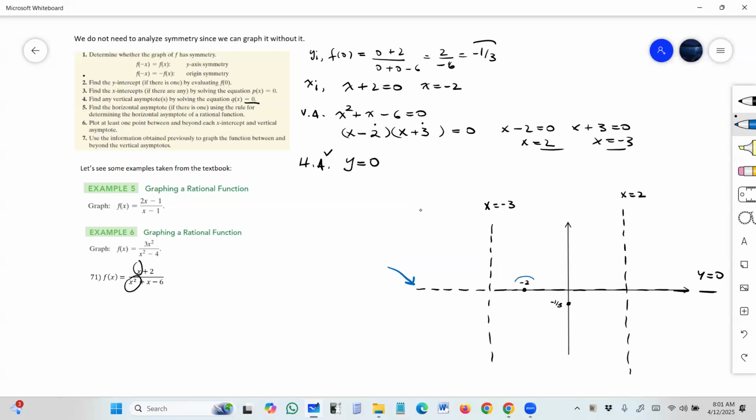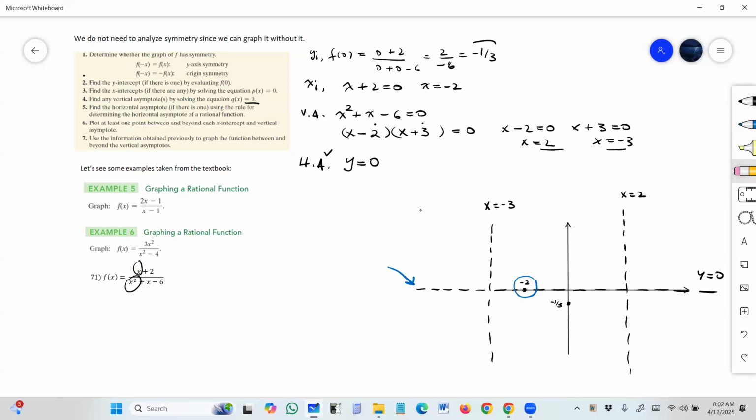But yet, here is my x-intercept. So how can it be that the asymptote is passing through the root or the x-intercept? That cannot be. It's not possible. Now, what does that mean?